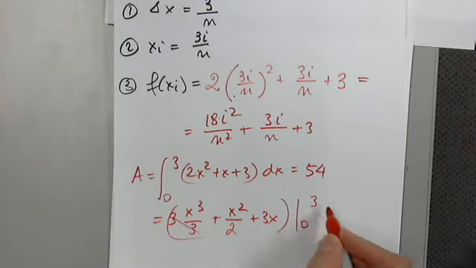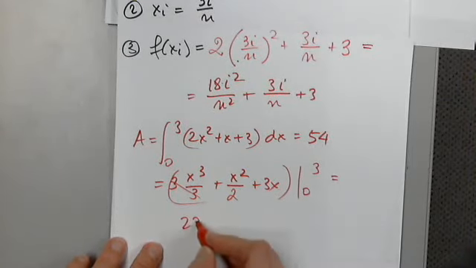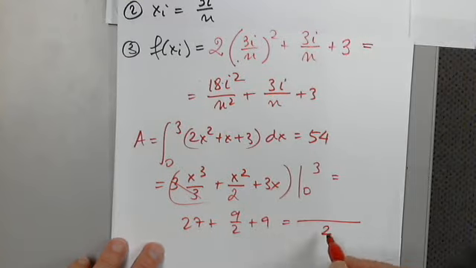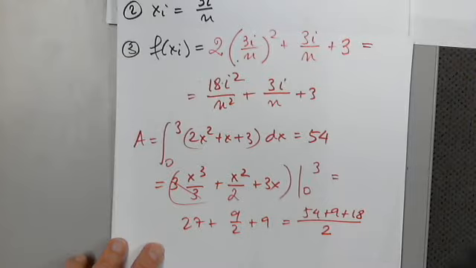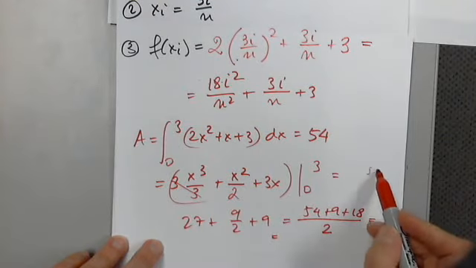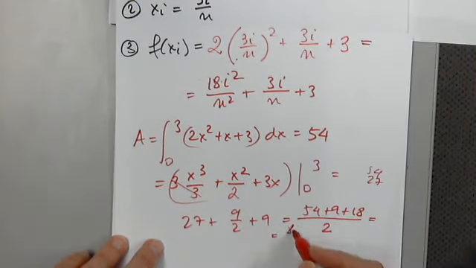Or I copy down x cubed instead of x squared. So this is 27 plus 9 halves plus 9. So 54 plus 9 plus 18. That's okay. So 54 plus 27. So this is 81. I got 81 over 2.